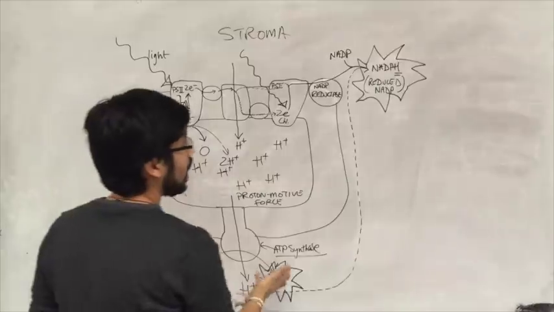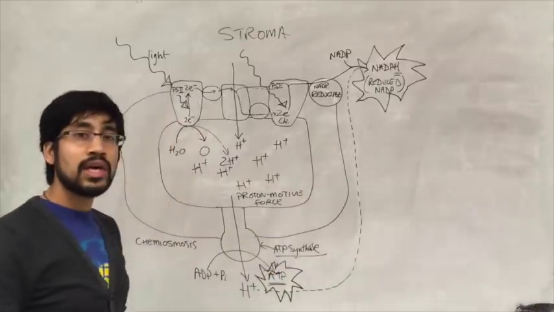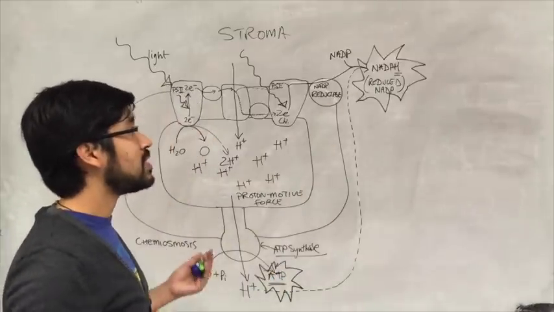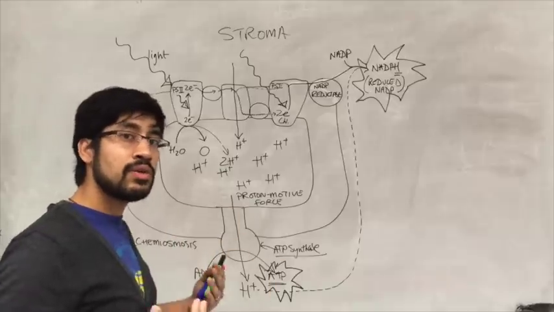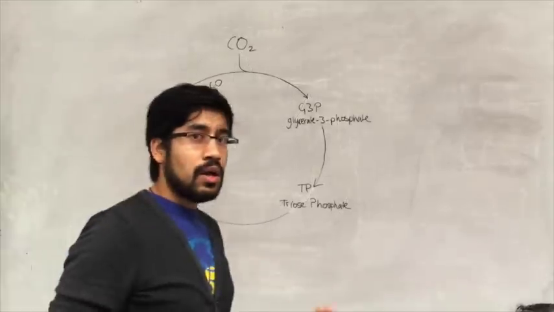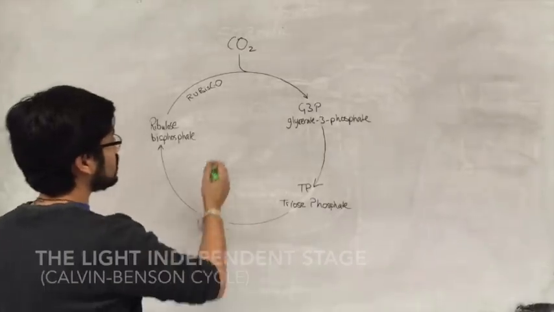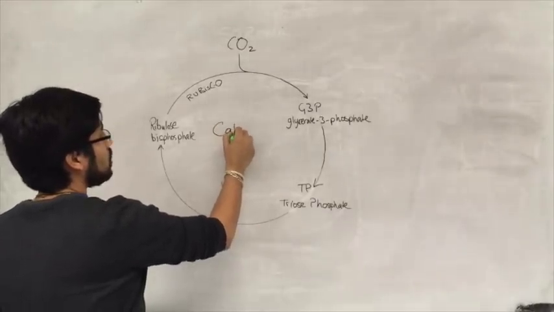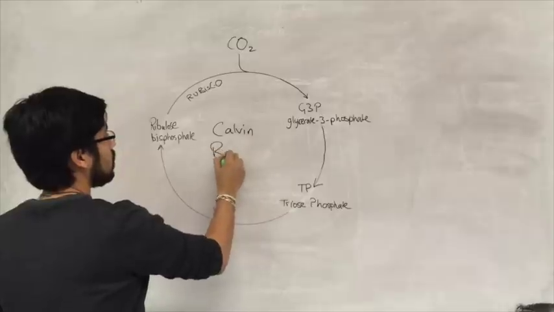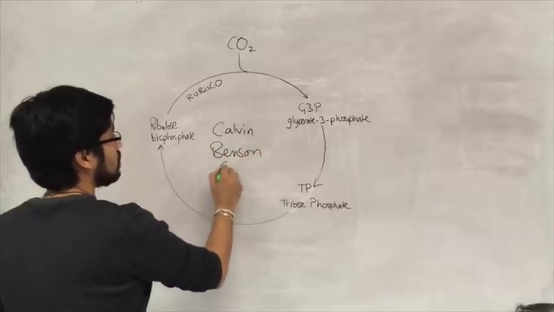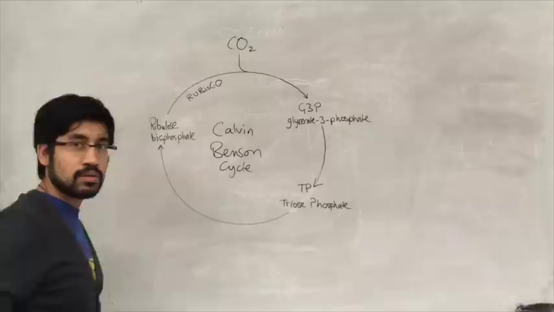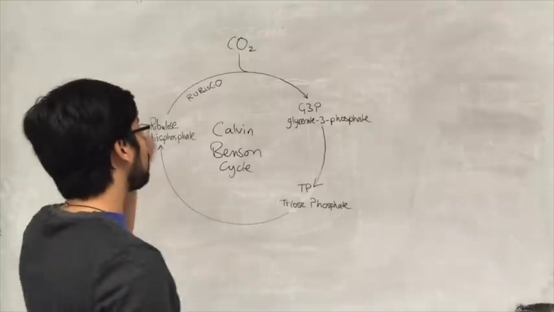Let's look now at how ATP and NADPH are used to convert carbon dioxide into glucose. Hi guys. So here we're looking at a very simplified version of the Calvin-Benson cycle. Okay.